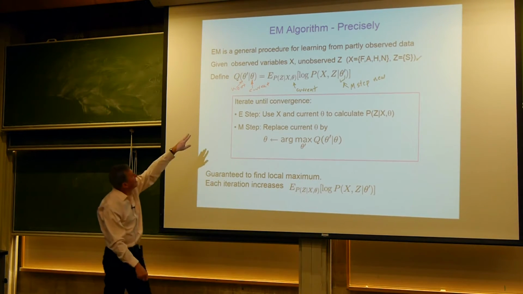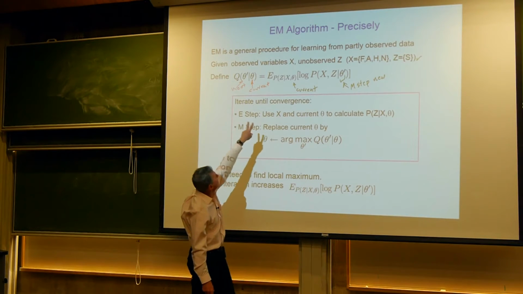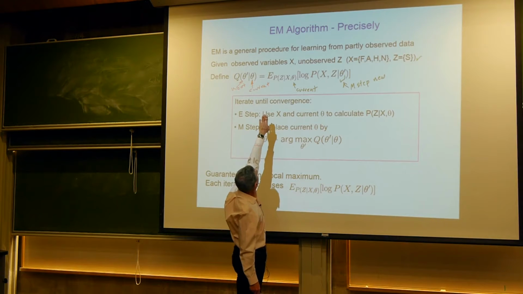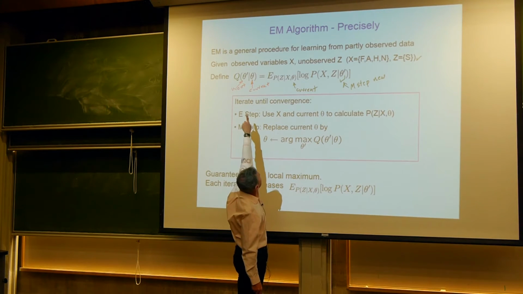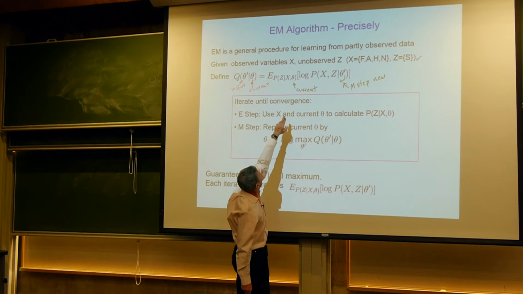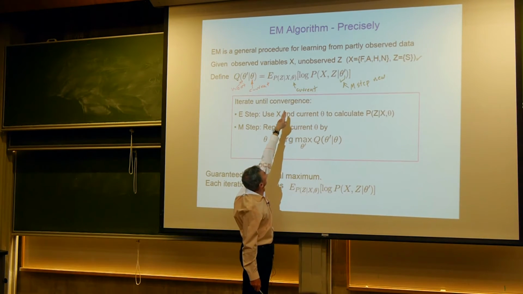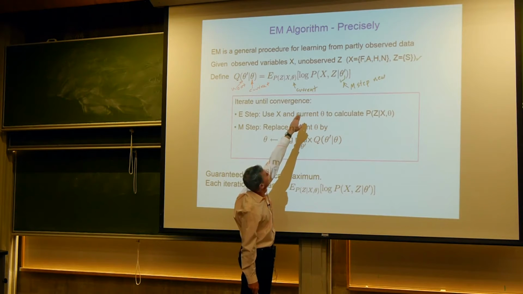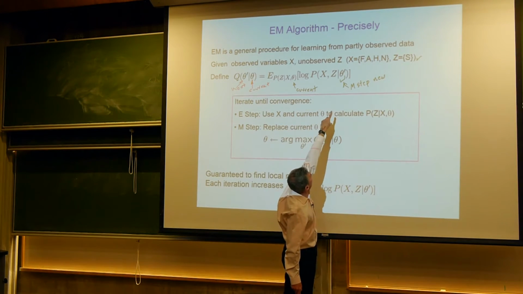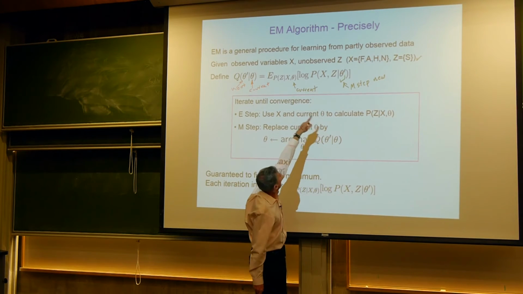And so we define that function as a function of theta prime given a theta. So given my current estimate, theta, I take the expected value of this, and then Q of theta prime is the argmax of this whole thing.